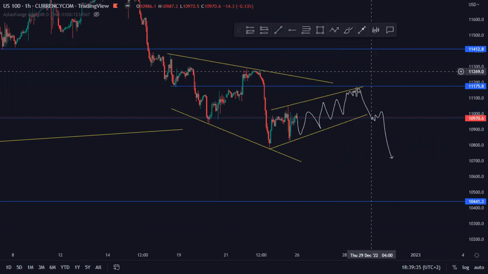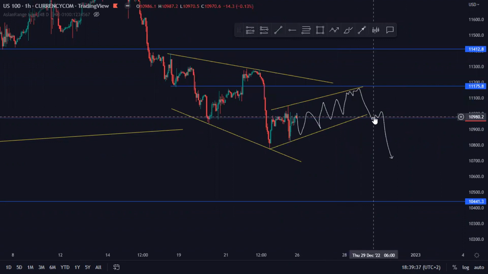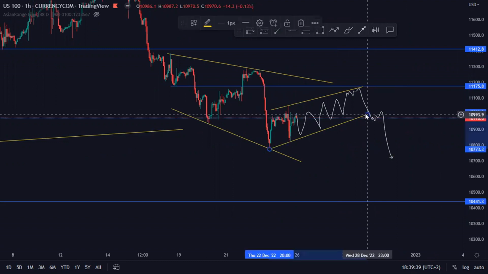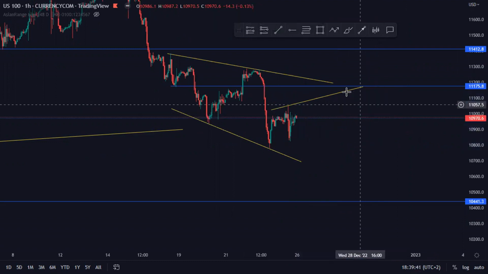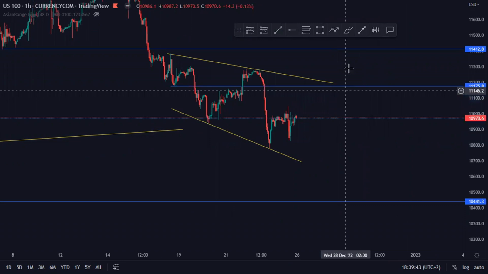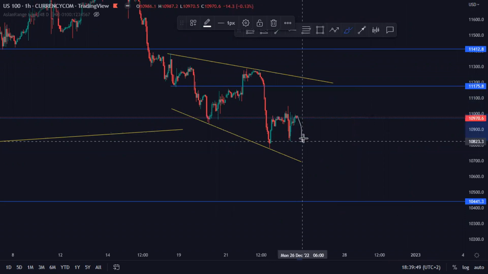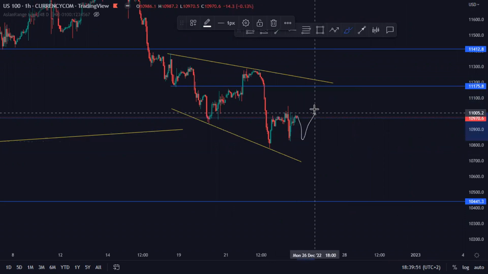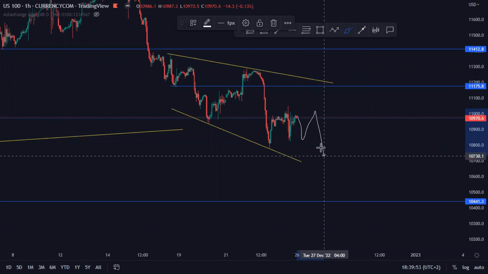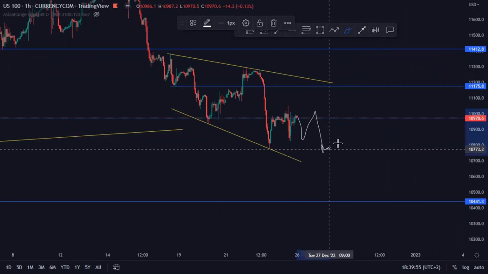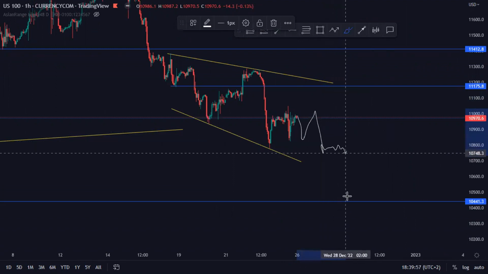But if that does not happen, then we can look at it this way. If price does not come here, then we can look at it from this point of view, whereby price gives us something like this, and then drops off, gives you the first continuation, maybe somewhere here, and then continues dropping off.